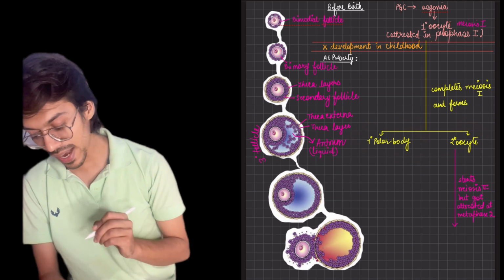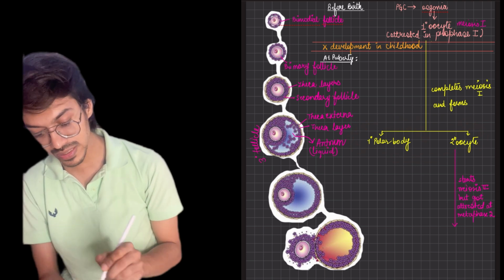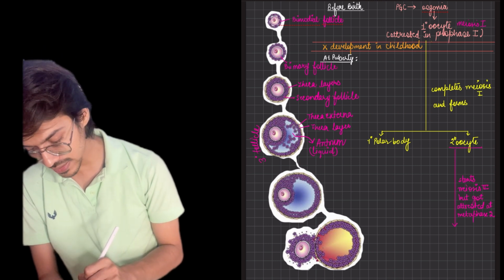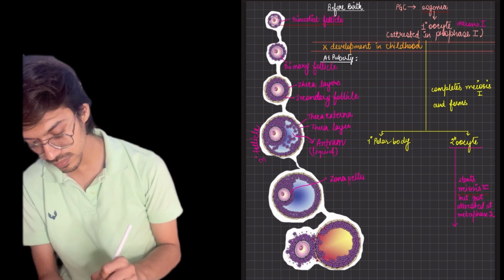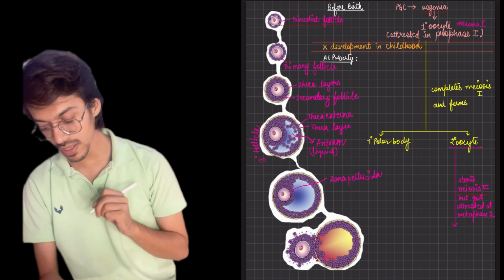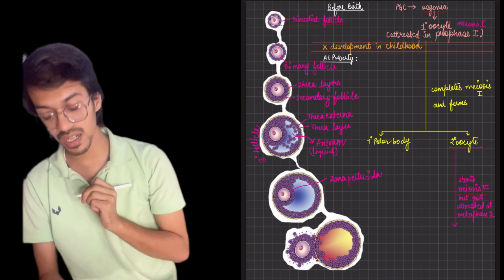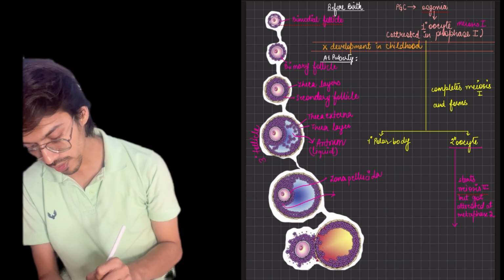Simultaneously, this secondary oocyte will form a layer around itself called the zona pellucida, and around it certain cells form a covering called the corona radiata.